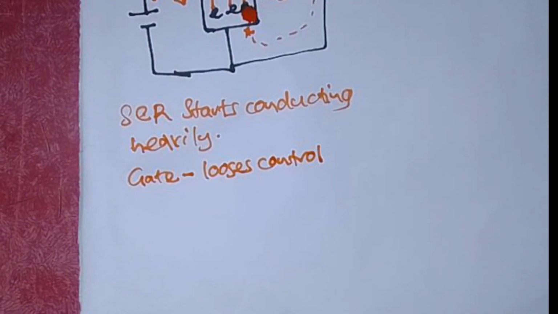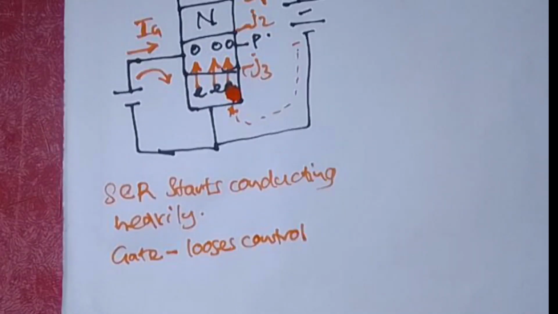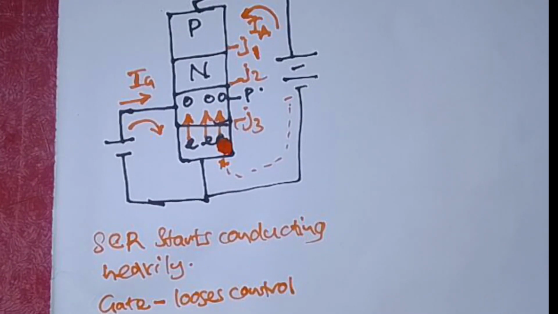So when the gate loses control, the anode current can no longer be controlled by the gate current, but rather now there are other mechanisms by which it can be switched off.